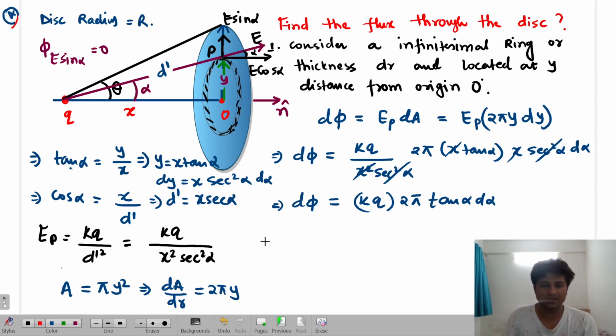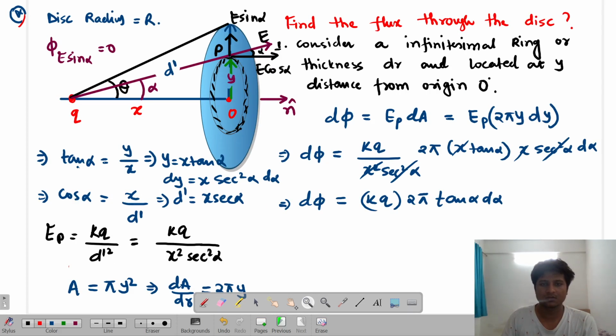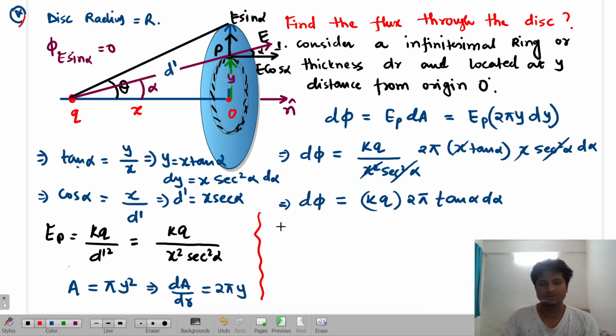So if I take the net flux, this implies phi net is integral d phi cos alpha, isn't it?